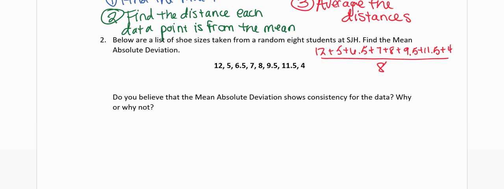When I add them all up, I got 63.5. I divided by 8. I get 7.9375, so I might need to round that slightly.